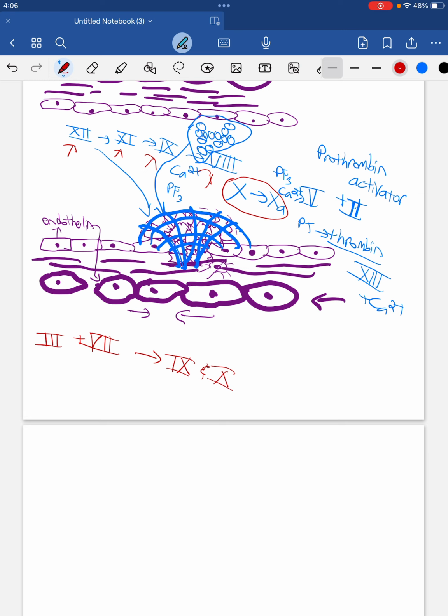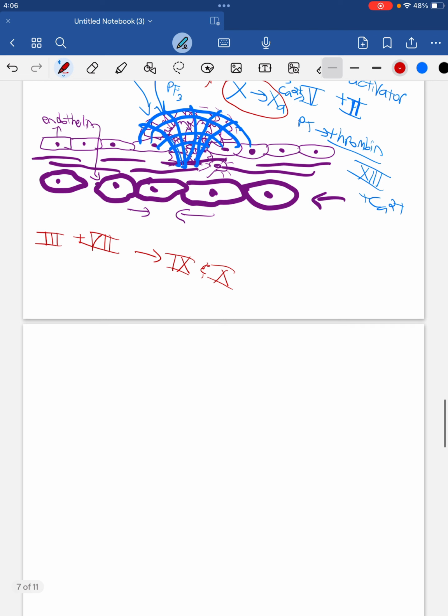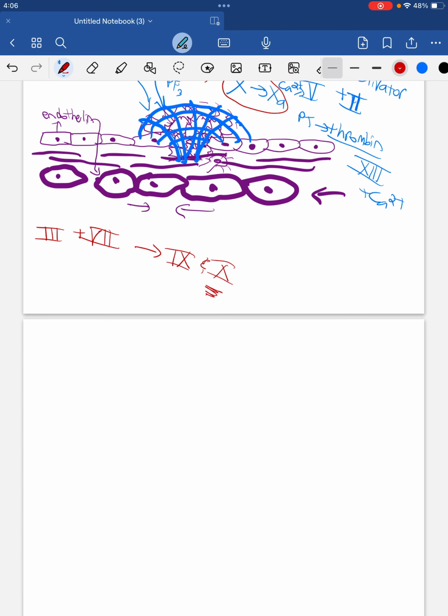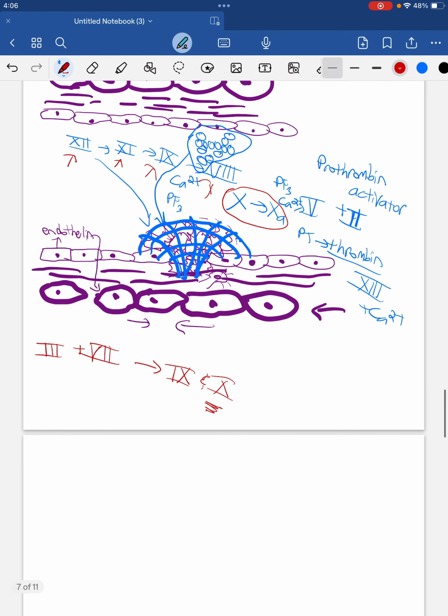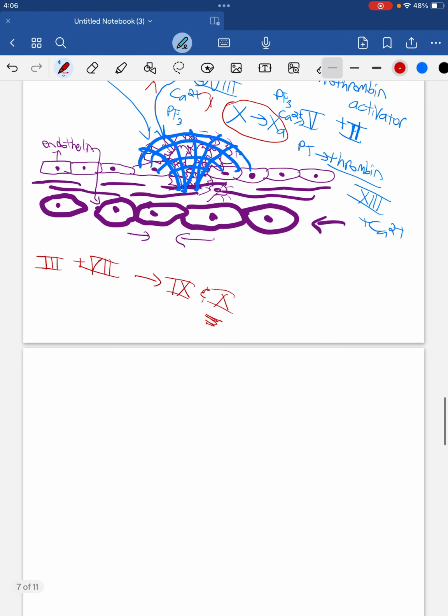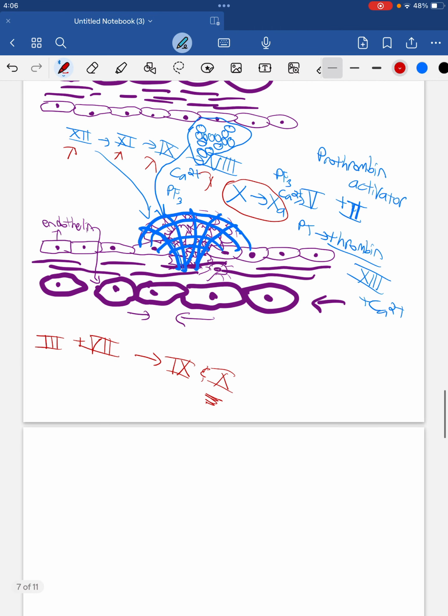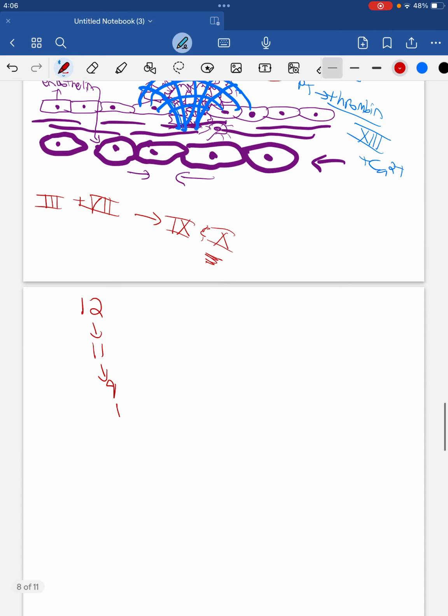Okay. So let's review one more time. The intrinsic pathway, it both leads to the same thing here. Okay, activation of factor 10. Okay, so we have factor, I'll write it in regular numbers to make it a little bit less confusing. For our intrinsic pathway, factor 12, 11, 9, 8, 10.